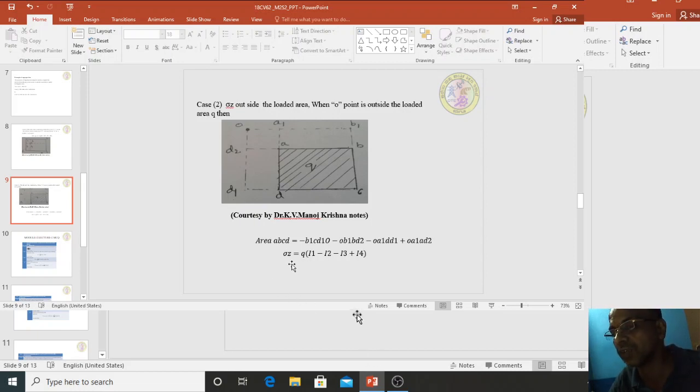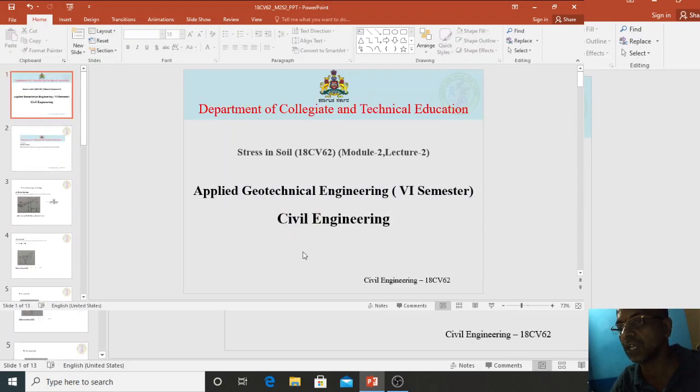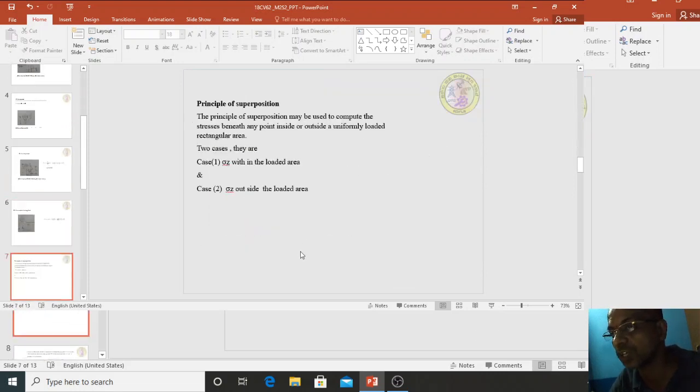So now the equation: sigma z will be Q into I1, the stress at this point from OB1CD1, minus I2 for OB1BD2, minus I3 for OA1AD1, plus I4 for OA1AD2. So this is the principle of what is called superposition.